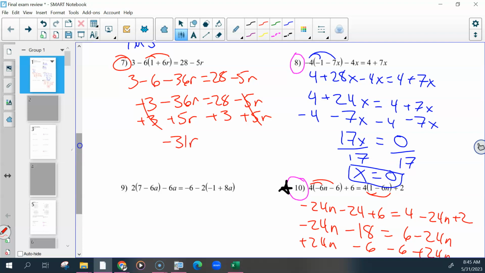So negative 31r equals 31. And divide. What does r equal? Negative 1. Go on to the next page.